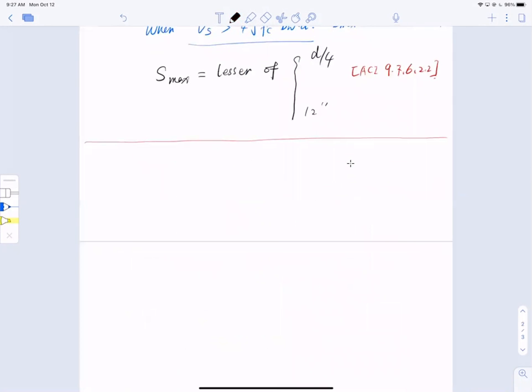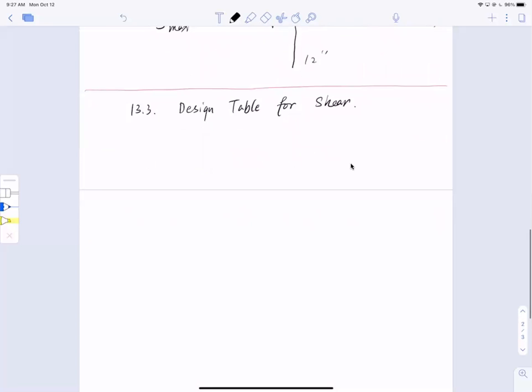So 13.3, design table for shear. It's more like a list, but anyhow, let's see what we have. So this is the process.